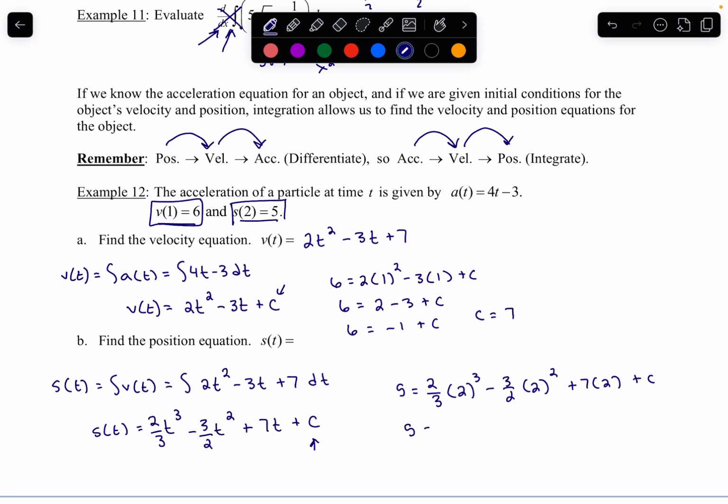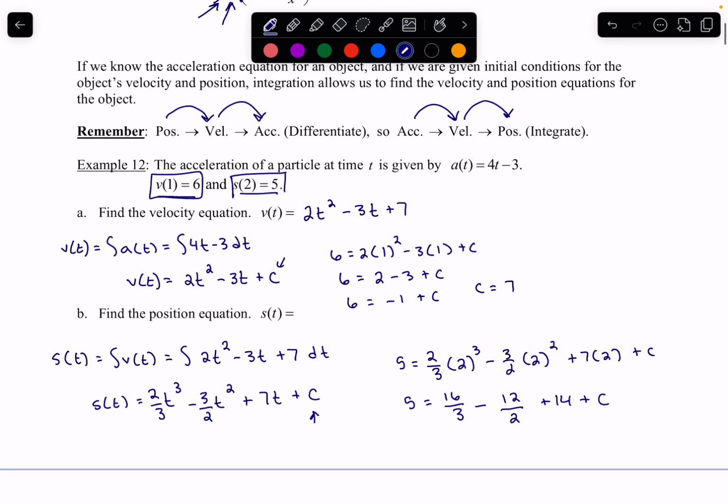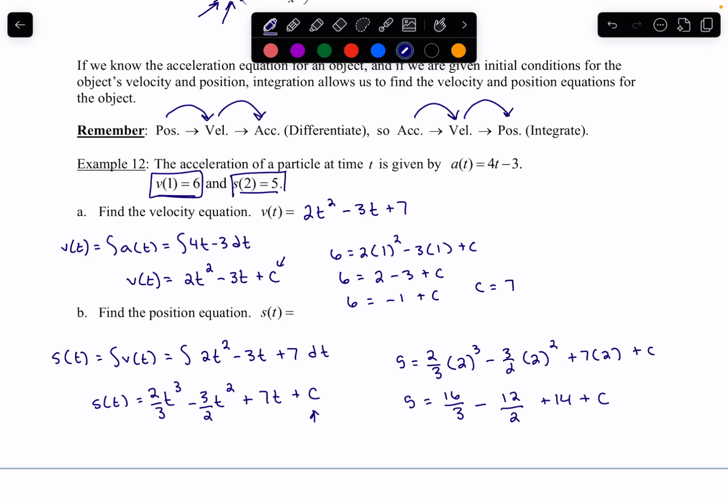So 5 equals, 2 to the third power is 8, so this becomes 16/3, minus 2 squared is 4, so this becomes negative 12/2. And then this becomes 14, and this becomes c. Yuck. The c value is not going to be very nice.